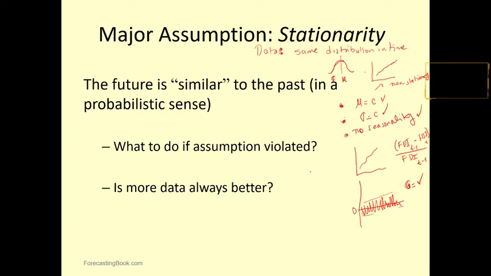So what happens if the assumptions are violated? Is more data always better? Well, if assumptions are violated, we will need to use better estimation techniques, or we will need to transform the data in a similar fashion.